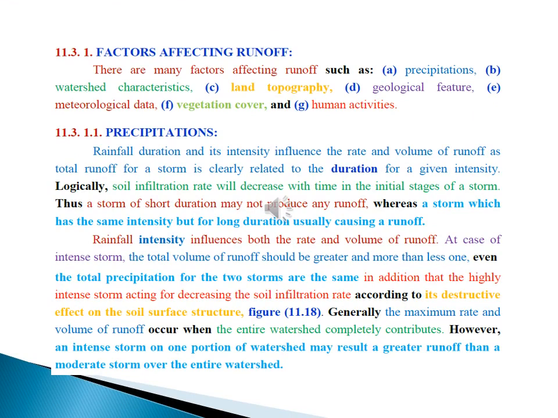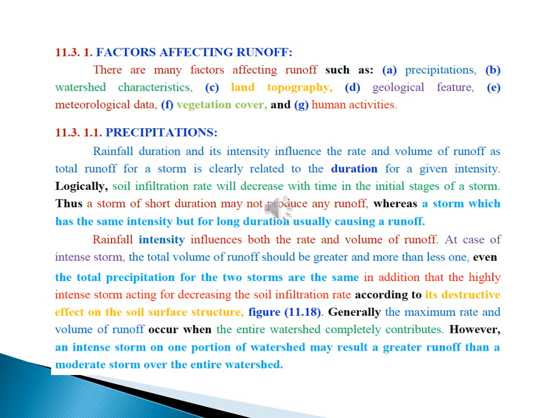Factors affecting runoff. Really, there are many factors affecting runoff, such as precipitation, watershed characteristics, land topography, geological features, meteorological data, vegetation cover, and human activities. Number 1. Precipitation.